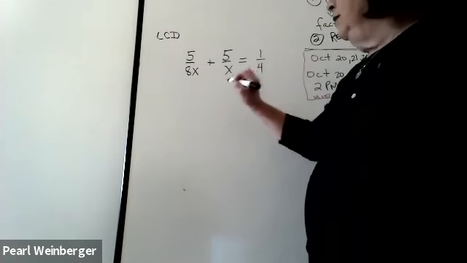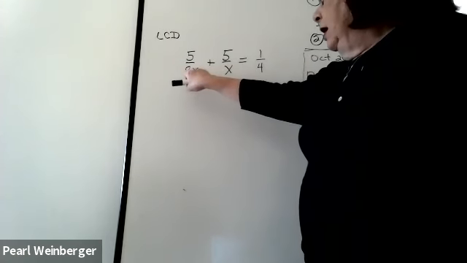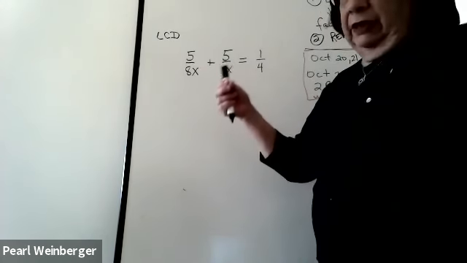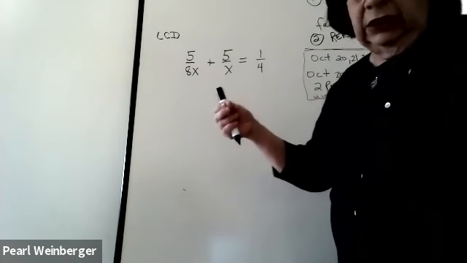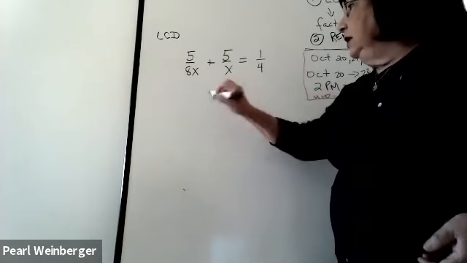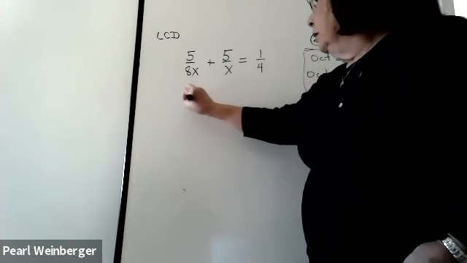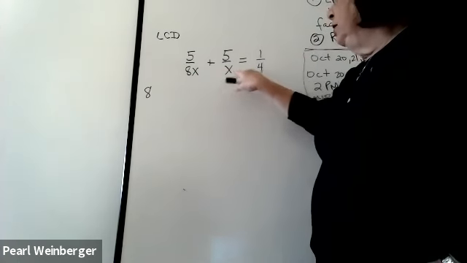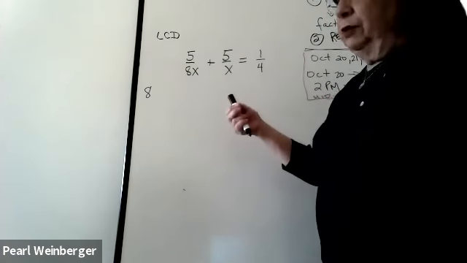Let's see what our common denominator is going to be. There's an 8, a 1, and a 4 as the coefficients, as the numbers. The common denominator of those numbers is 8. Remember, with the letters, you just take the highest exponent.